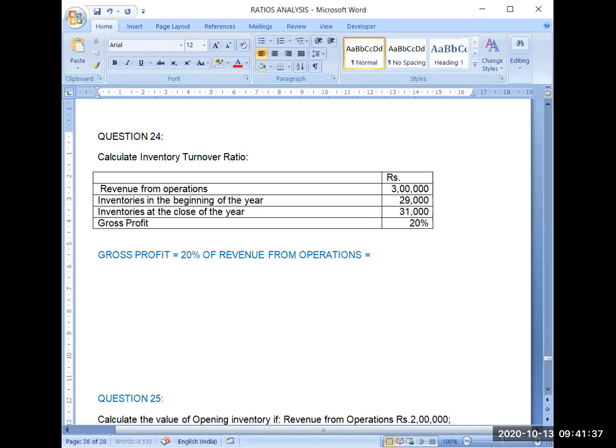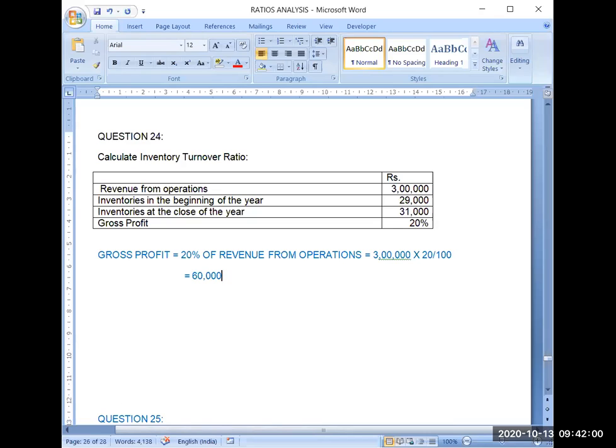So 20% of revenue from operations will be 3 lakh multiplied by 20 upon 100, and that means it will be 60,000.